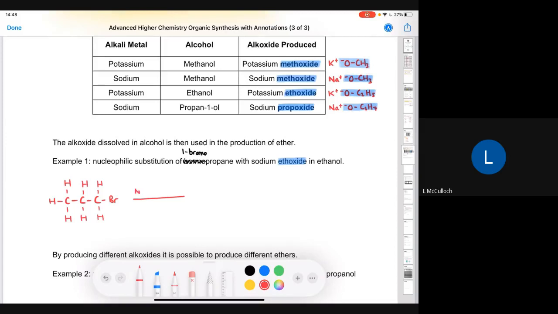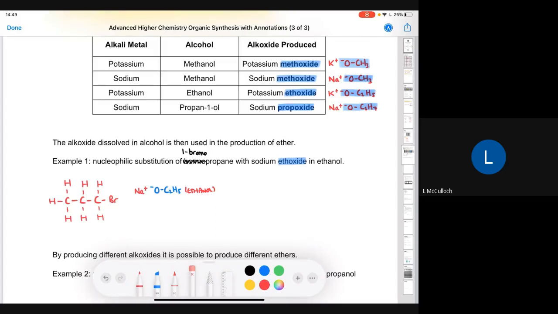So that's going to be Na plus. Then I'm going to keep my nucleophile in blue, and it's going to be OC2H5. And then just making sure that I indicate that that's dissolved in an alcohol. It wouldn't be dissolved in water.